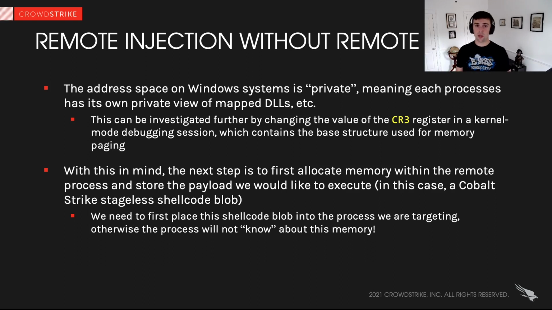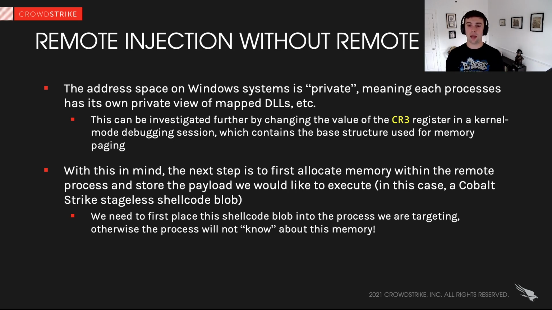And just a little spiel on Windows memory. So the address space on Windows systems is private on a per process basis. So each process essentially has its own private mapped view of memory. And if you want to take this further, you can open up a kernel mode debugging session and change the value of the CR3 register, which contains basically the base memory paging structure, in order to investigate this more.